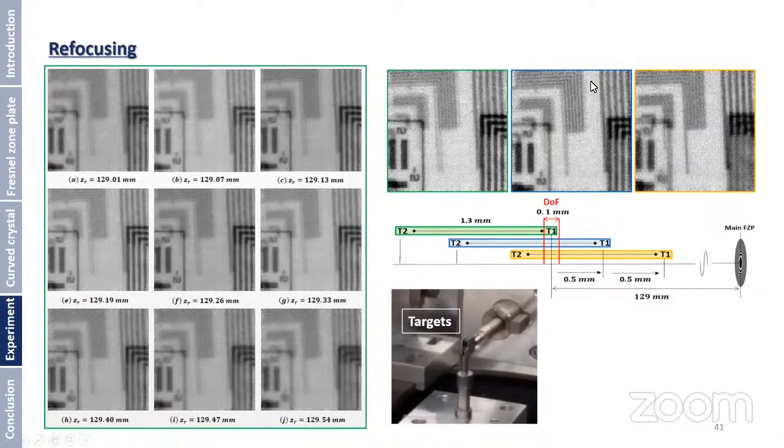This is because the distance between these two targets, blocked by their holders, is about 1.3 millimeter, much larger than the depth of field of the experimental setup, which is about 0.1 millimeter.